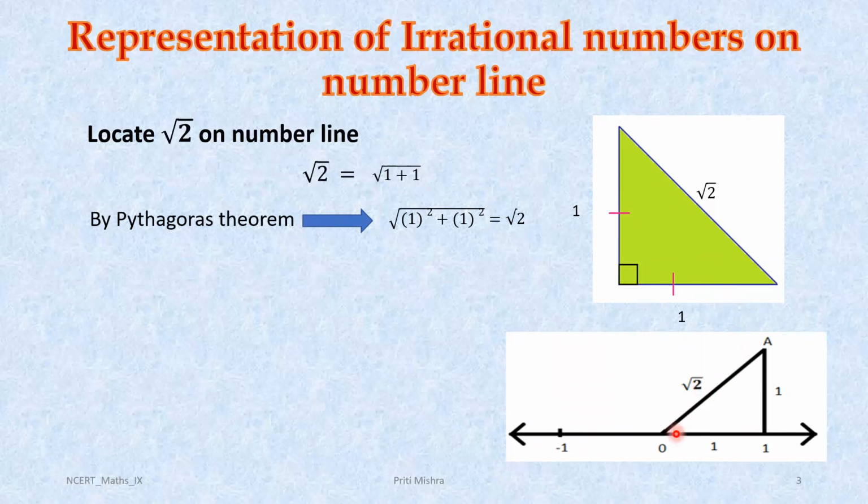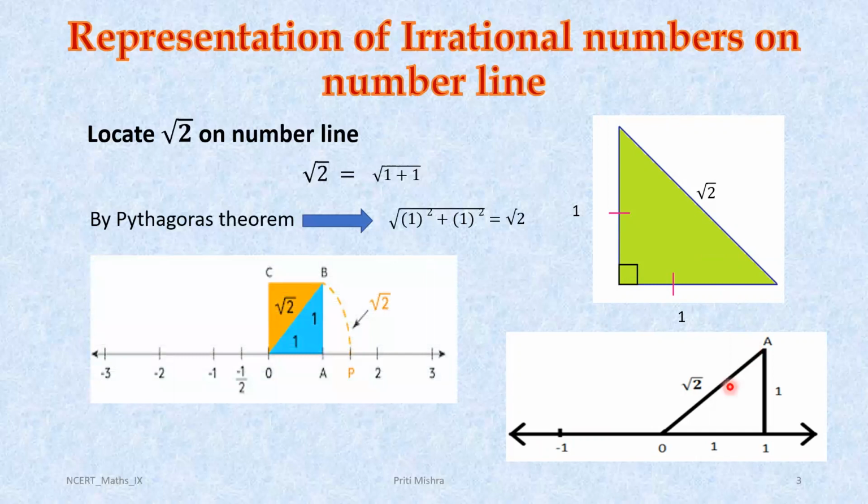Now, as we have to represent the irrational number on the number line, our next task is to represent the length OA on the number line. Here we have the number line. What we will do is measure this length OA with the compass and then draw this arc on the number line.